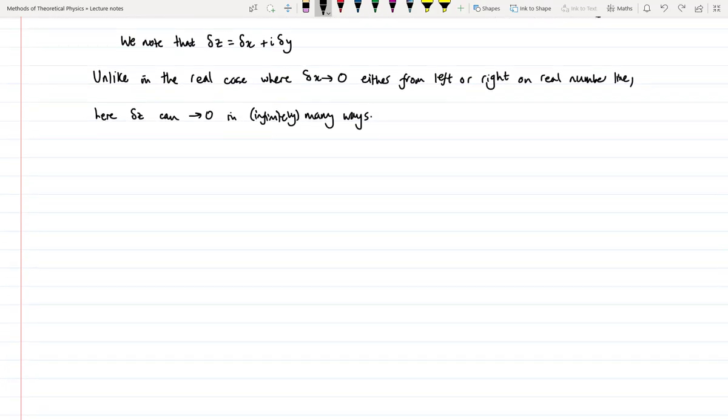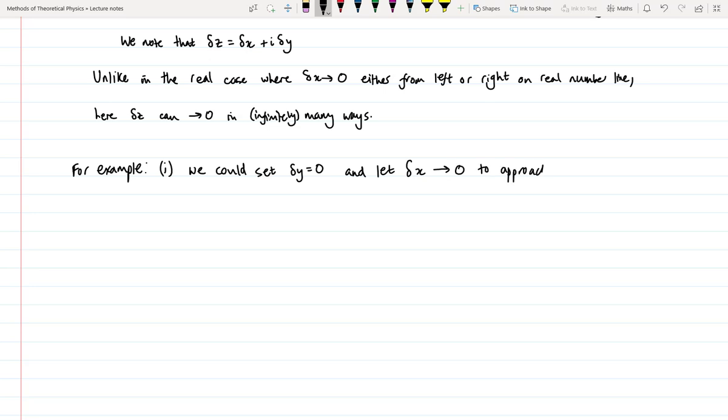So here are two examples of possible approaches. For example, first of all, we could consider setting the variation in y equal to 0, and then let delta x approach 0. And that's an approach parallel to the real axis.